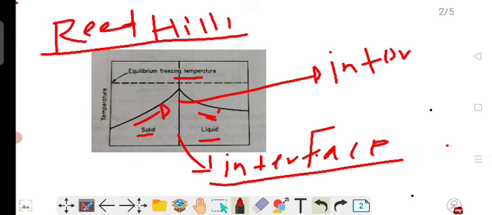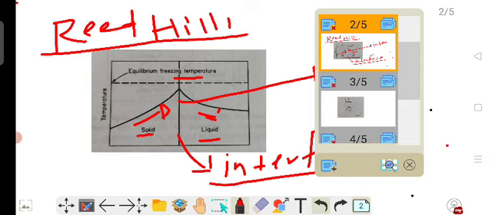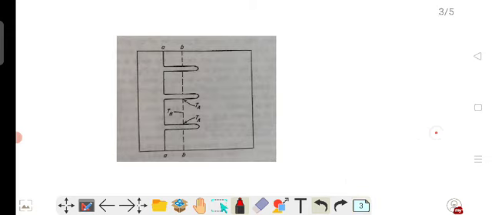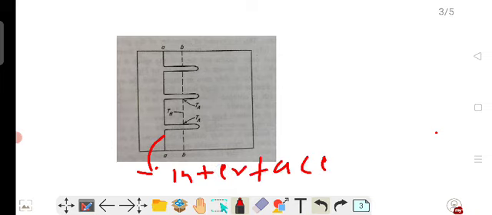where after the interface the liquid temperature is decreasing, but here the solid temperature is very high. Suppose that this is our interface, so at the interface the temperature is very high.